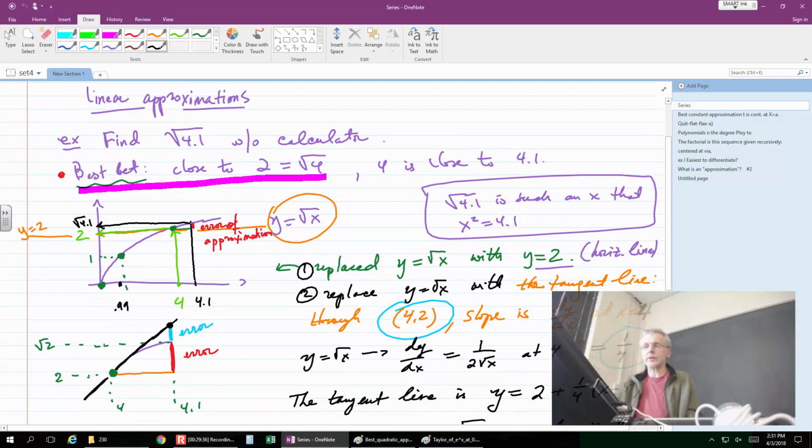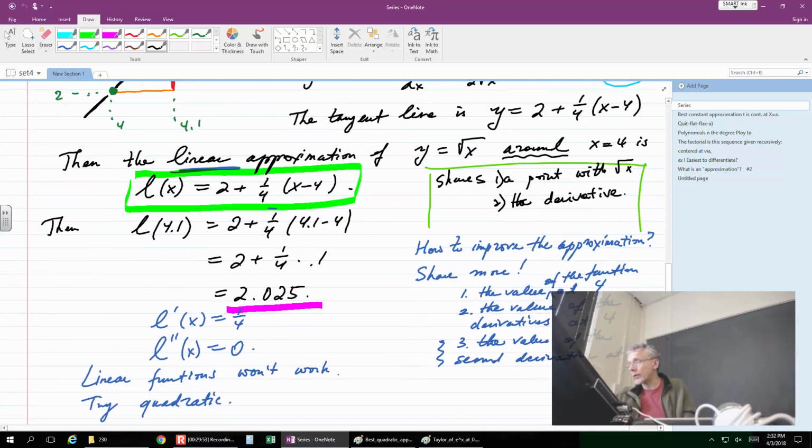So this was our initial analysis that preceded all the approximations, polynomials, we have considered. So all the pictures aside, the end result for the linear approximation was 2.025. Then we did a quadratic approximation that was better, but ultimately it is the same computation. Now we know how to do it, except now we can go as many steps as we want.